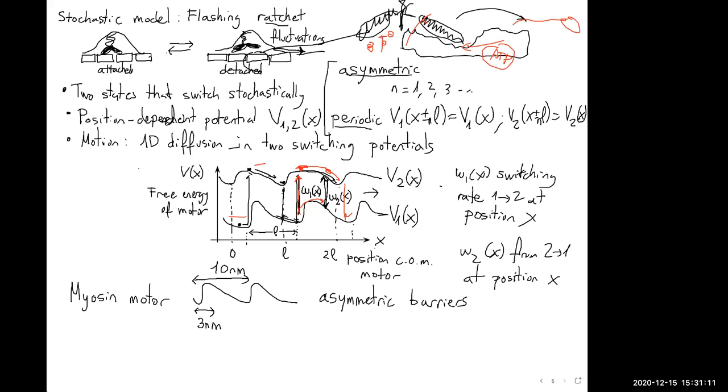Okay, fine. So given this, let me at least give you the equations for this type of dynamics. We will use things we know. We will use Fokker-Planck equations to describe this. So we can use what we learned to describe this type of molecular motors. Okay, so there we go.